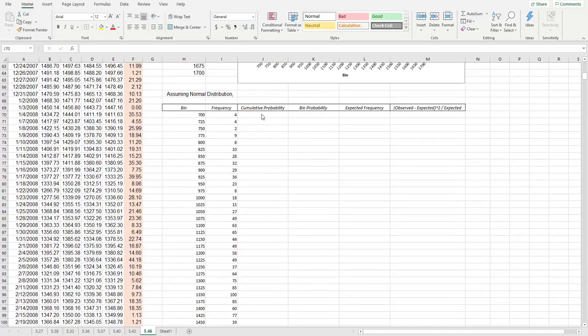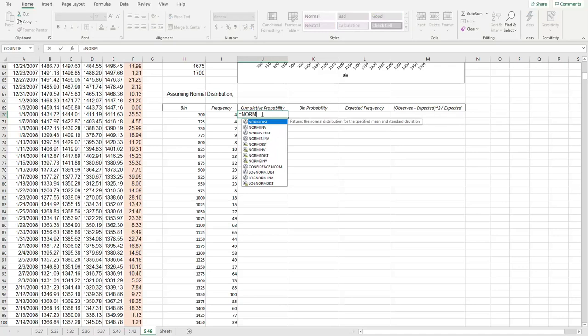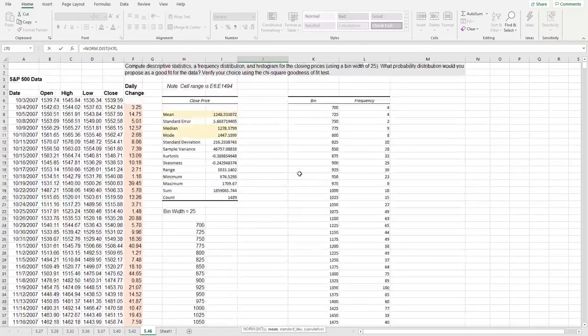To look for the cumulative probability, since we're assuming this is a normal distribution, we would use the formula NORM.DIST and use our x to be the bin value, our mean to be the value given by our descriptive stat table, our standard deviation also given by our descriptive stat, and since this is cumulative probability, the cumulative stays true.